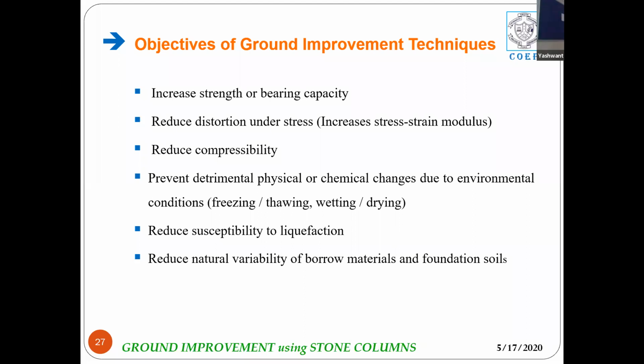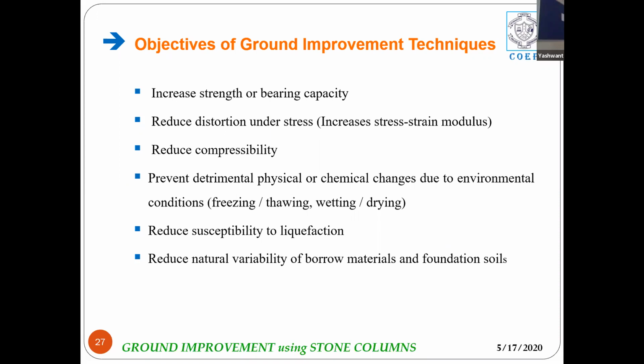Then we have to take care that there are no physical or chemical effects on the soil and the soil structure, particularly in case of extreme weather conditions. For sites located in seismic areas, I would like to mention here that stone columns have proved themselves that they can withstand seismic activity comfortably. Then we have reducing the natural variability of the borrow materials in the foundation soils that will be required.